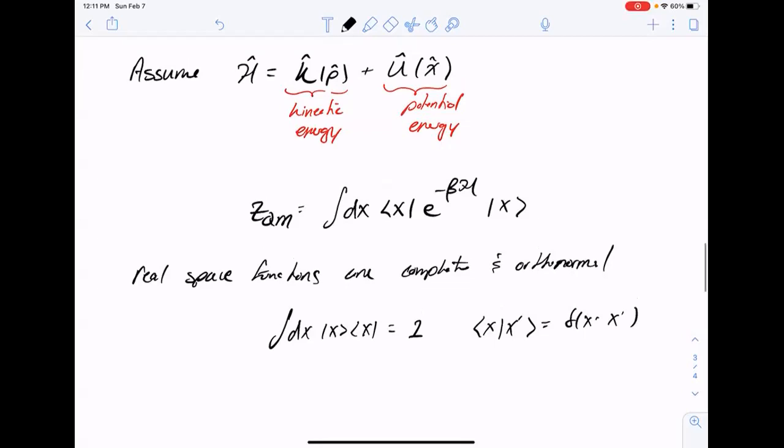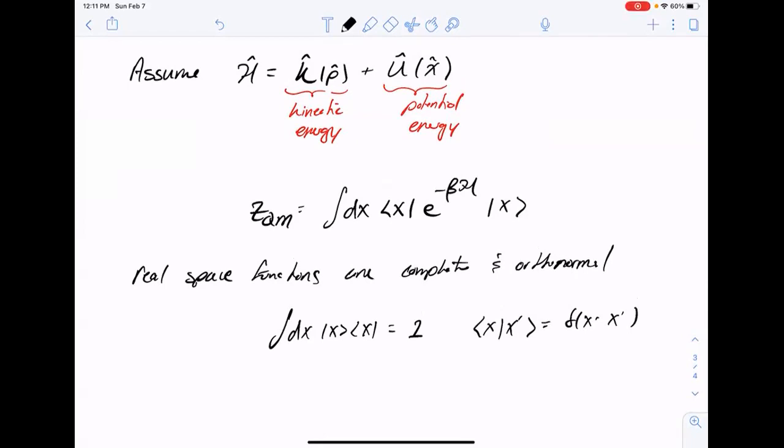Now, if we only had a potential energy operator, that would be a really simple calculation to do. The potential energy acting on a set of real space functions is diagonal in that set, so it's easy to compute those matrix elements.